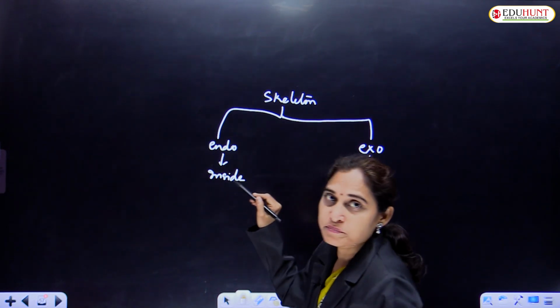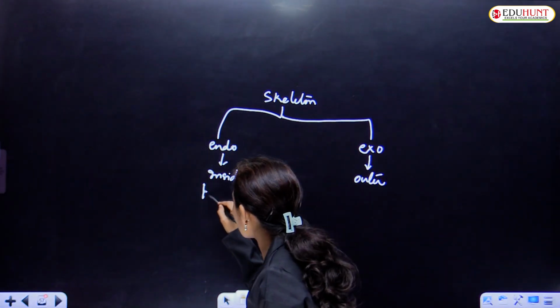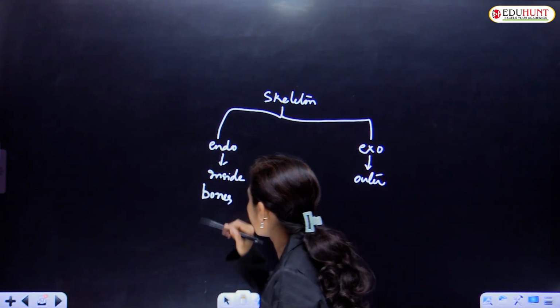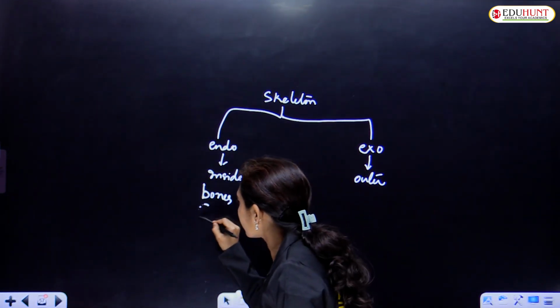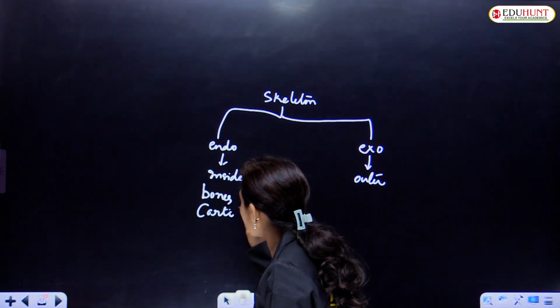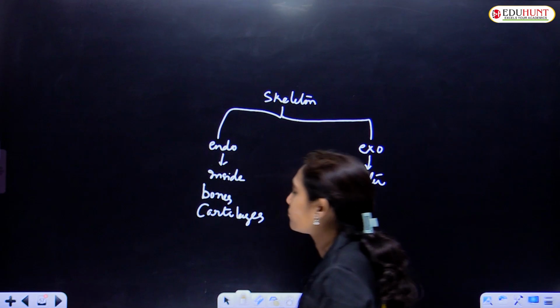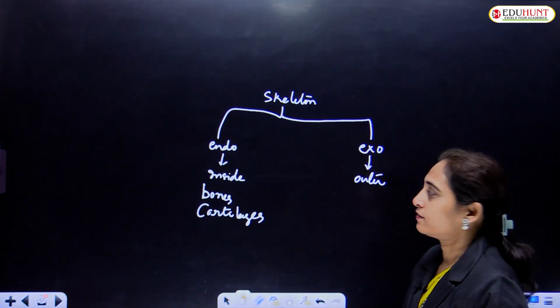Endoskeleton is made up of bones and cartilages.